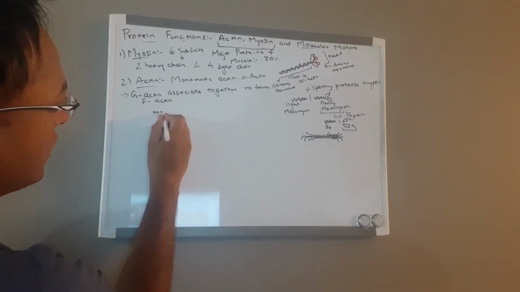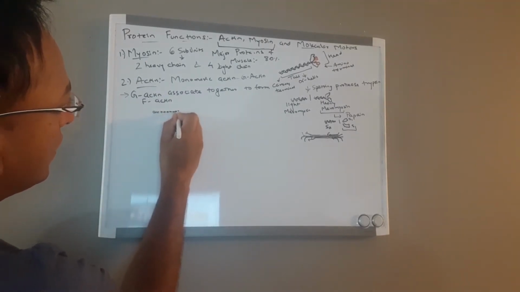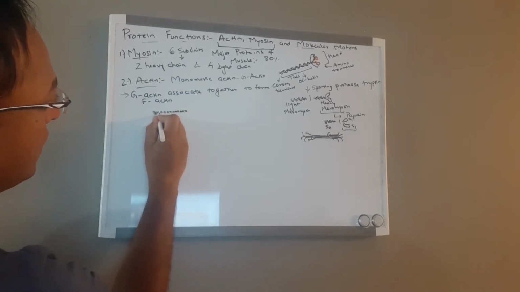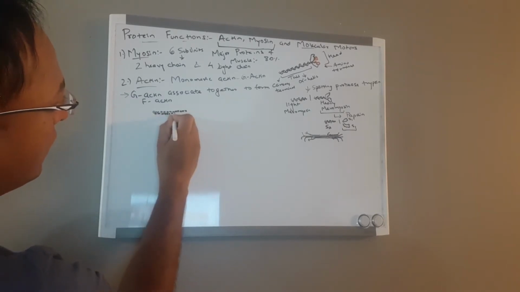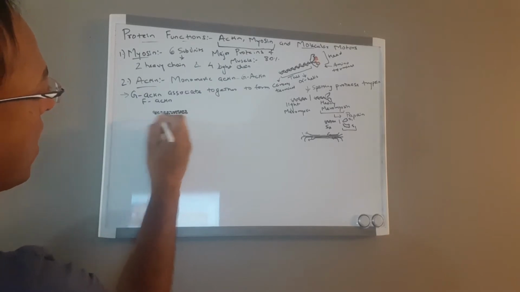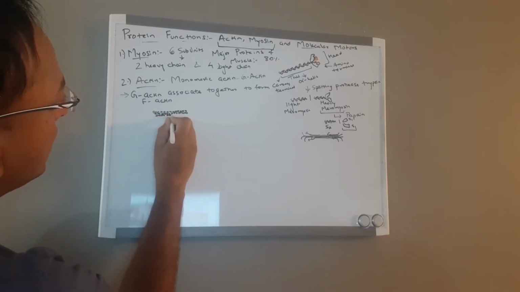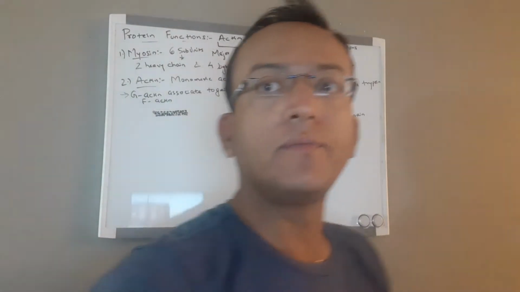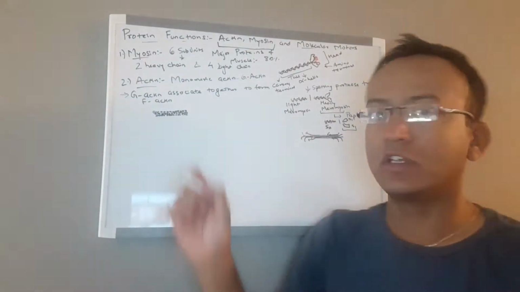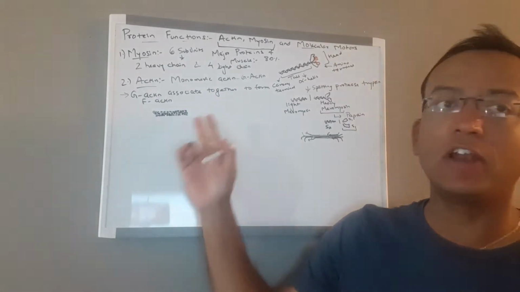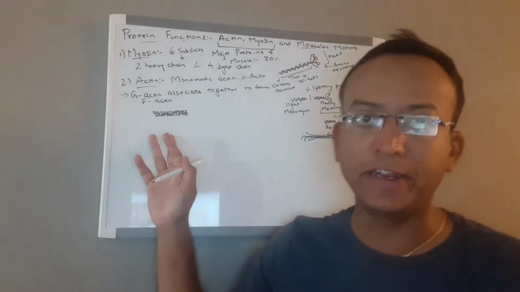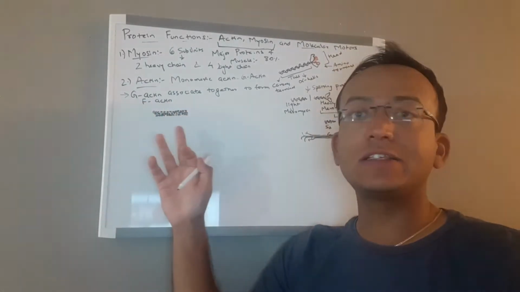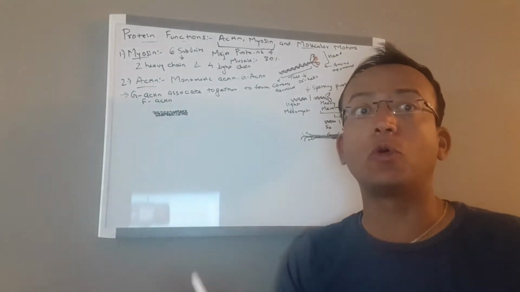So they associate together like this, and it forms a thin filament like a small circle. So the thin filament consists of this F-actin, and along with this thin filament there are different proteins, that is troponin and tropomyosin.